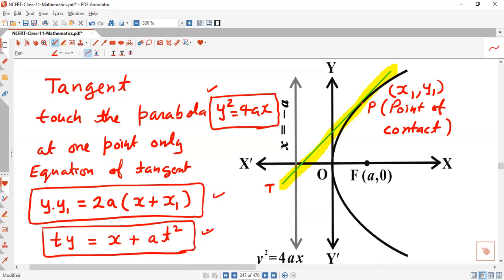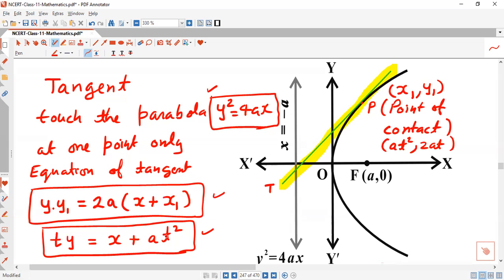Usually we use both equations frequently, so not to worry, both are simple. In terms of t, the coordinate will be at square comma 2at. We may write this point's coordinates this way. So ty equal to x plus at square is the equation of tangent to the parabola y square equal to 4ax.